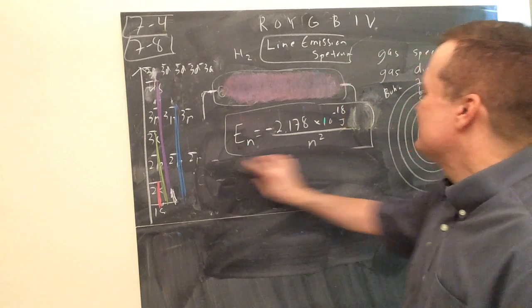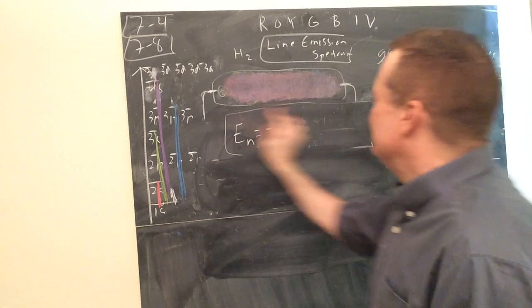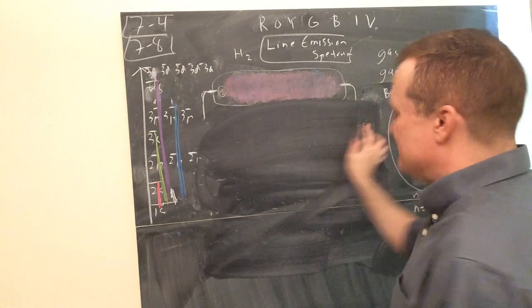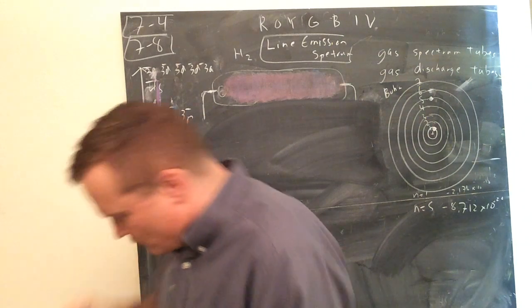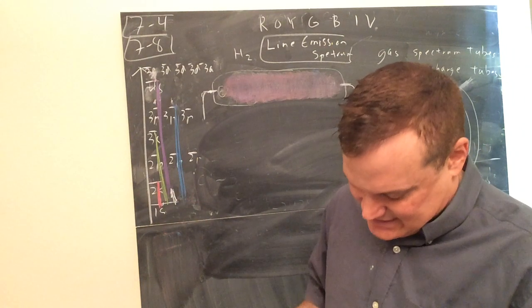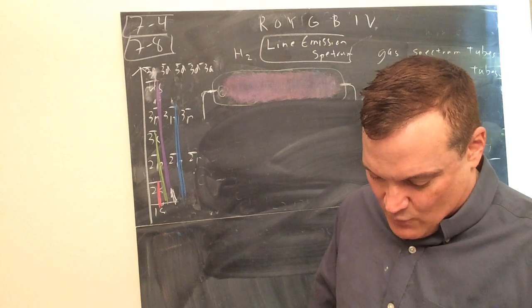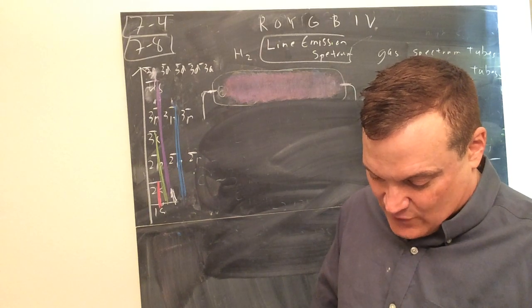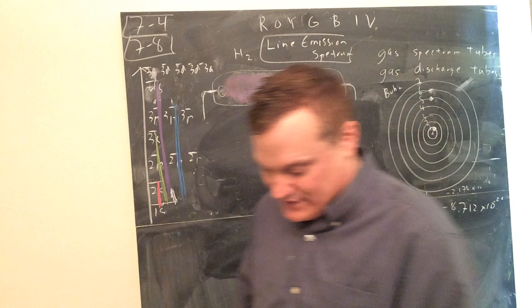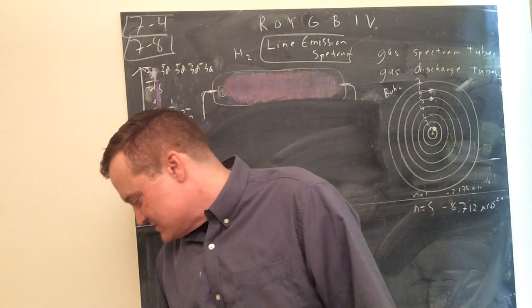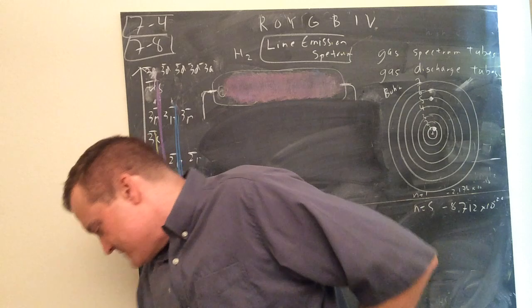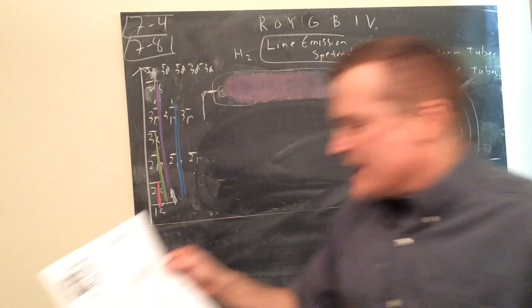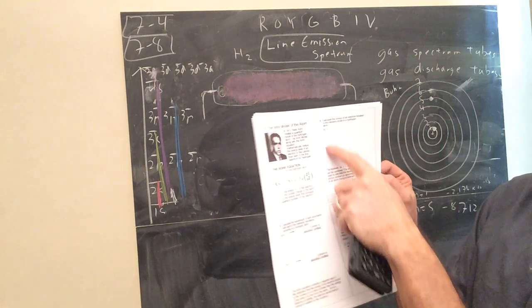So that's the first equation that you need to find energy at each level. Then the next question on the worksheet says, calculate the minimum energy of the photon of light associated with each transition. I'm sorry, I did A and B for you, 1 and 5.